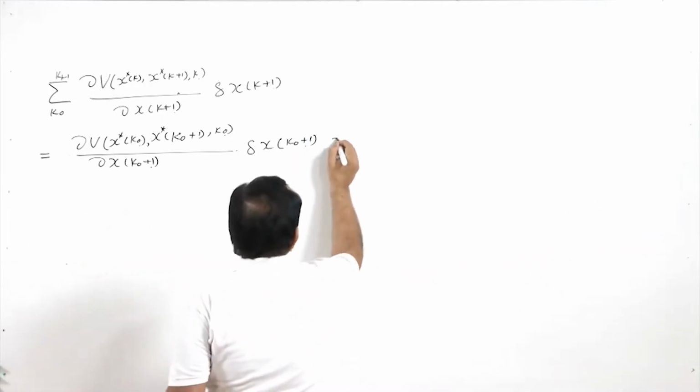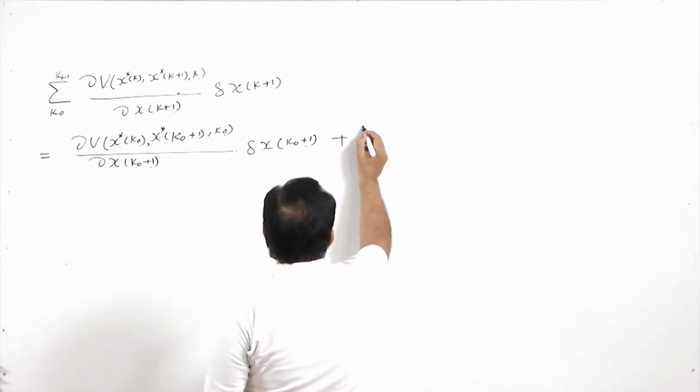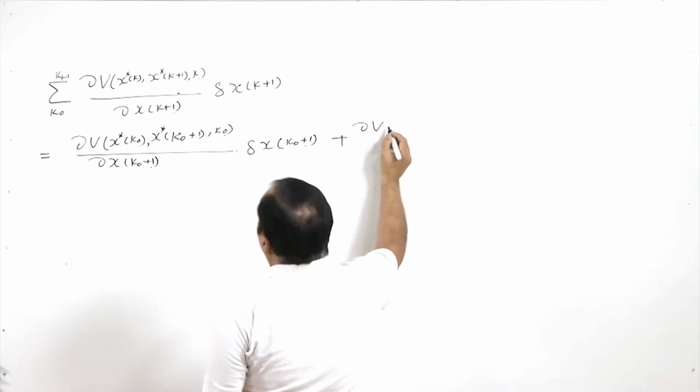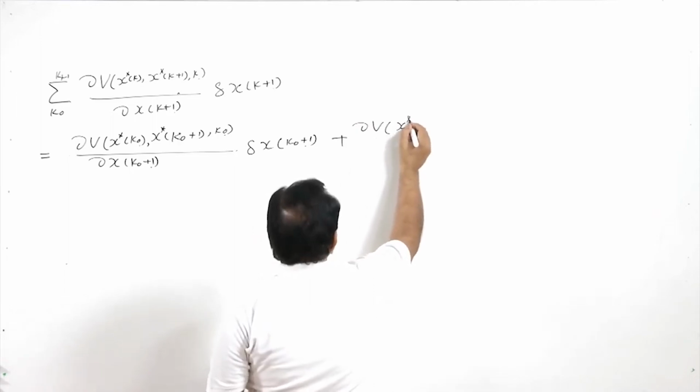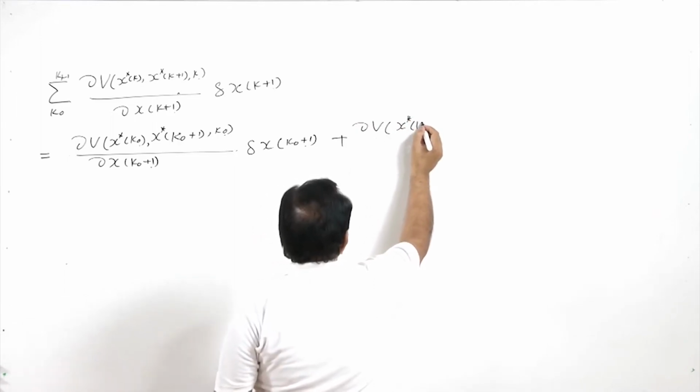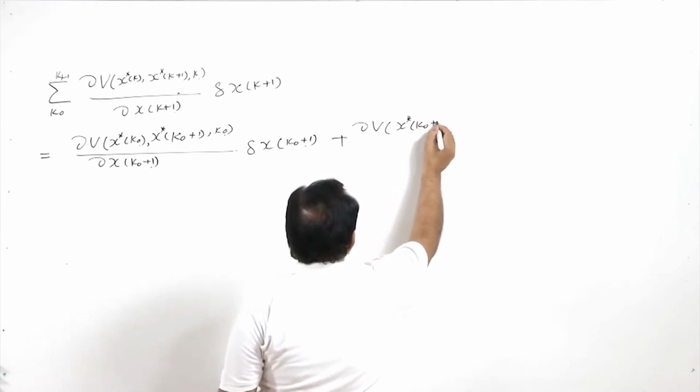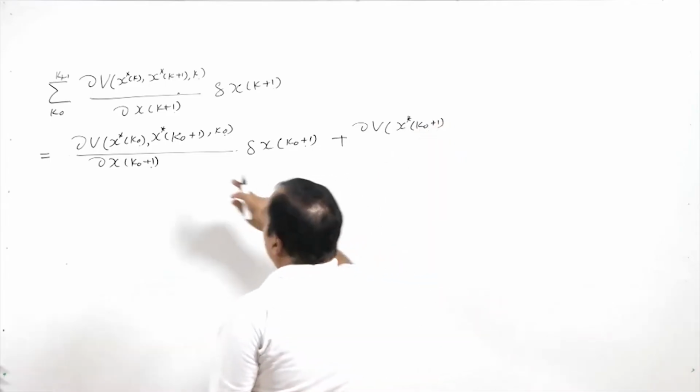So, the second term will be del v, x star at k0 plus 1.